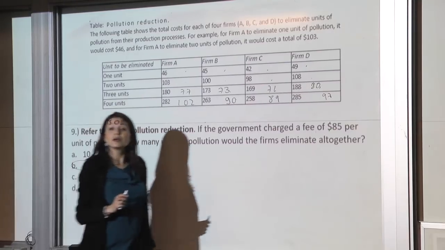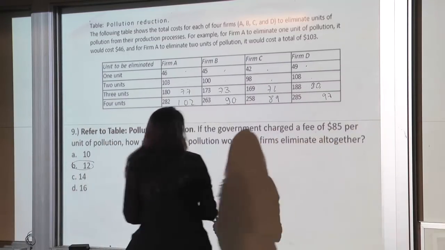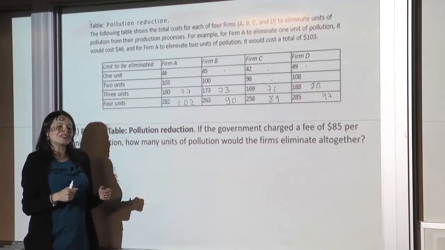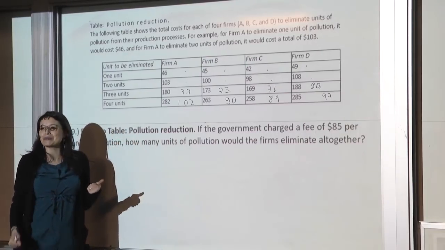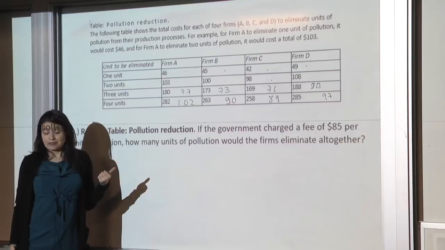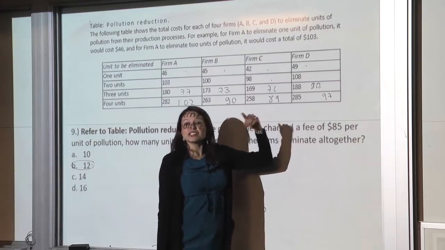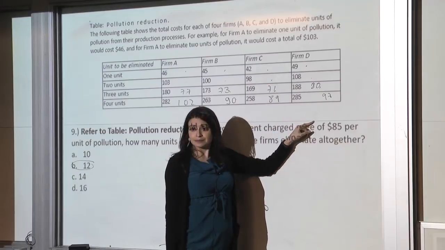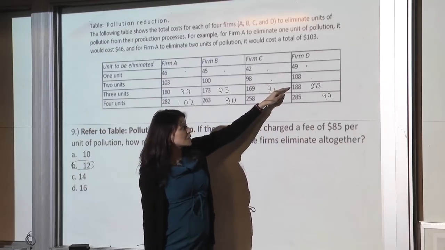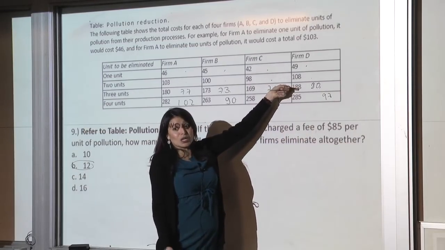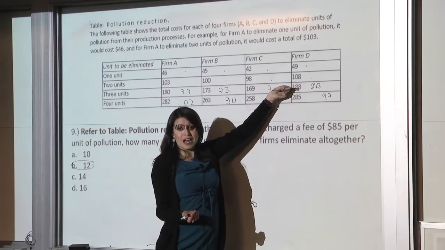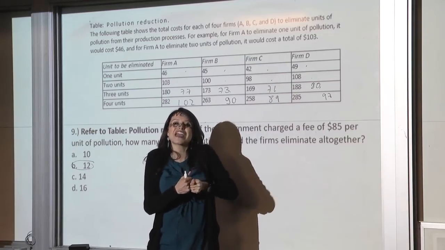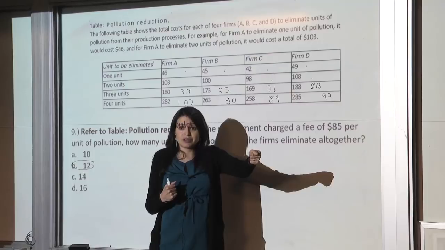Question? How do I get these numbers? Does anyone know how I get these numbers? What is the marginal cost of producing the 4th unit for firm D? The difference between producing 3 units and producing 4 units, right? The marginal cost is the cost of the extra unit, okay?